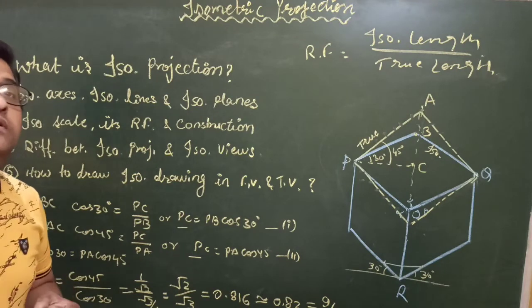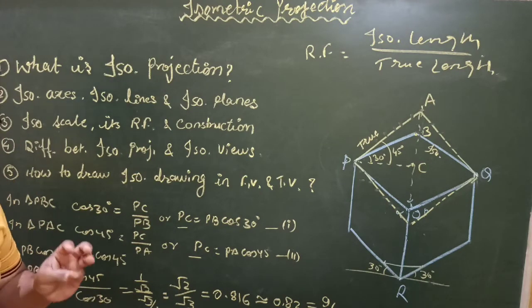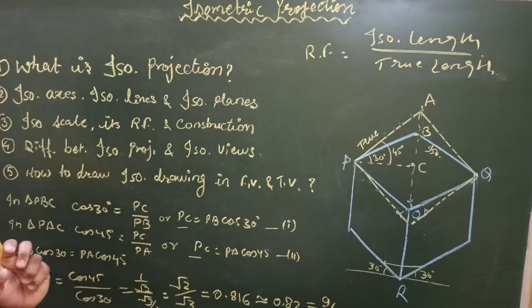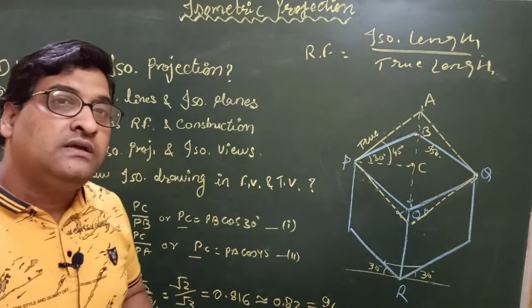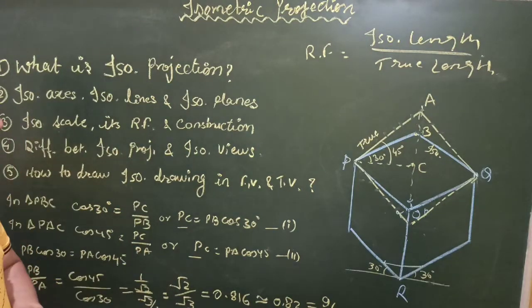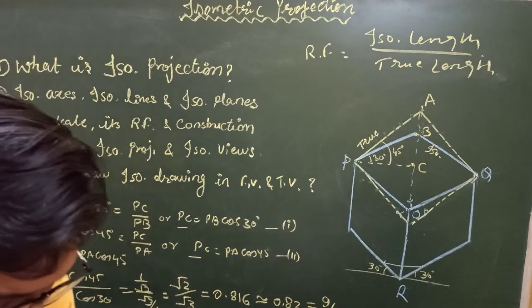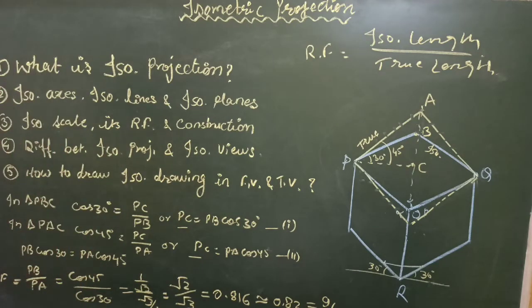But remember, whenever there are parts of a sphere or a sphere itself in the diagram, you always have to draw isometric projection. This we will discuss in the next video when we talk about isometric projections of spheres. So now let us come to the construction of isometric scale.